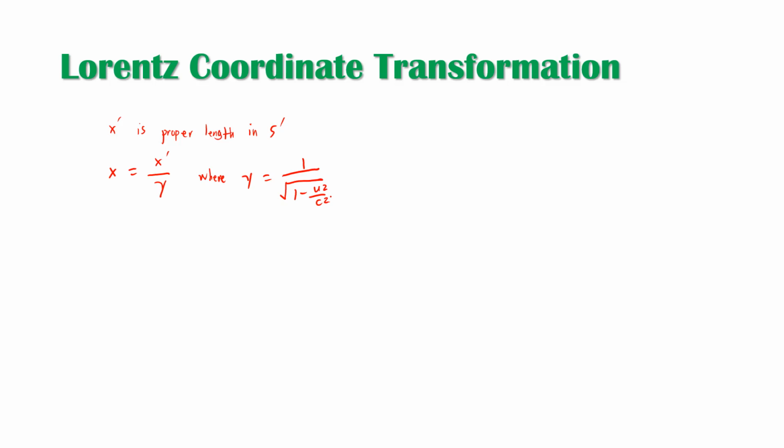Thus, instead of the Galilean transformation, so recall that the Galilean transformation for x prime is x prime equals x minus ut, or we can write x equals x prime plus ut.